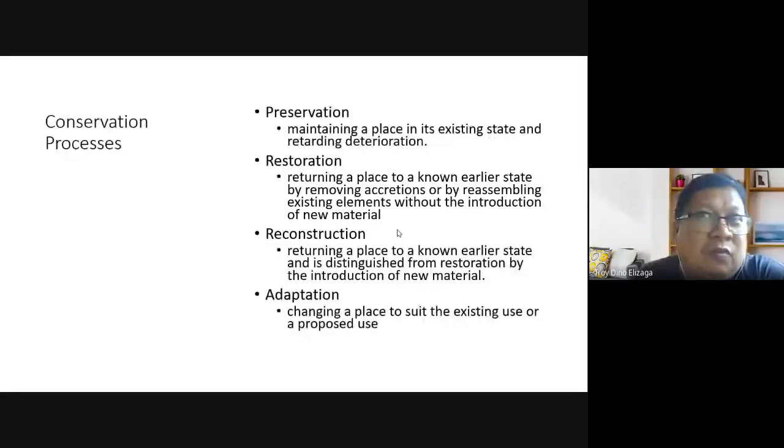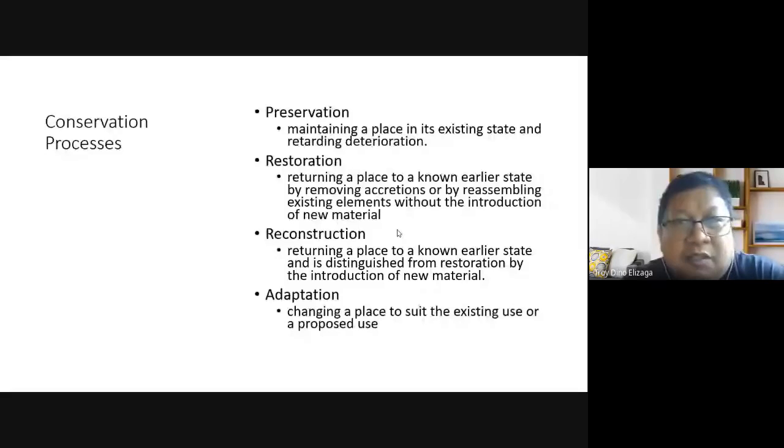So aside from cleaning it up, I mentioned to you how water can deteriorate wood faster if it keeps on splashing on wood. So we avoid anything near the wooden structure where water can splash. So that's basically preservation.